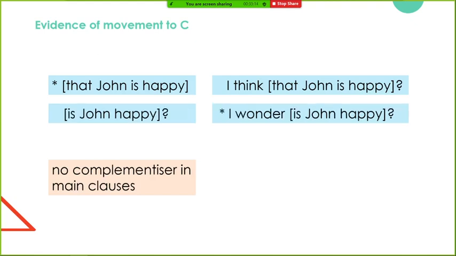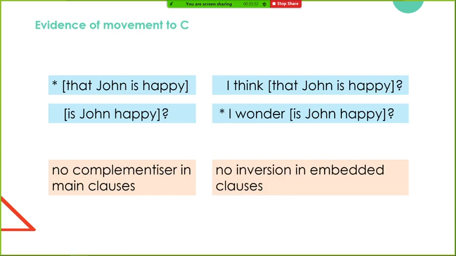Now, exactly the opposite is true of inverted auxiliaries. You can get an inverted auxiliary in a main clause, as in is John happy, but you can't get an inverted auxiliary in an embedded clause. You can't say, I wonder, is John happy? Okay, so no inversion takes place in an embedded clause.